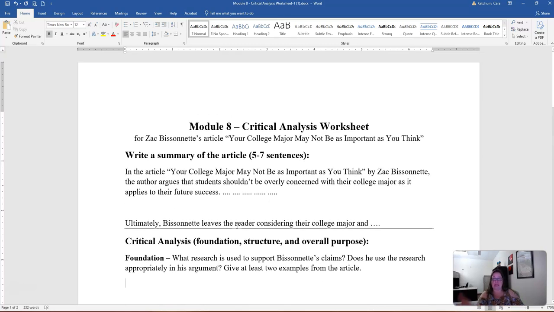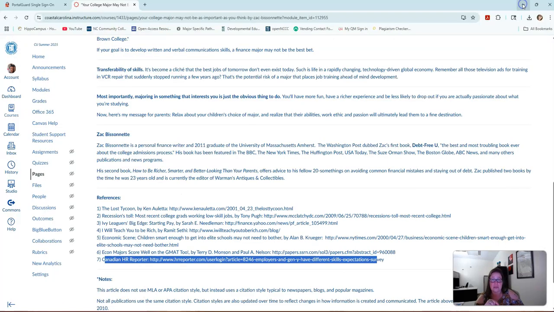You'll notice that as you type, everything is going to shift down. You can't print this out and write on it because there's not enough space in between the sections. So you're going to need to do this on your computer, save it when it's done, and then upload the file to the submission link, okay? If you have questions about this, please let me know.